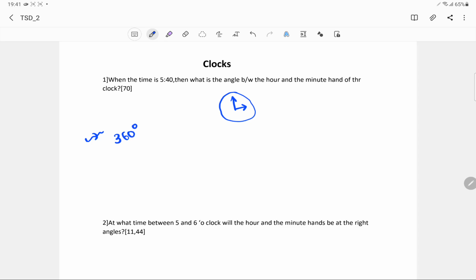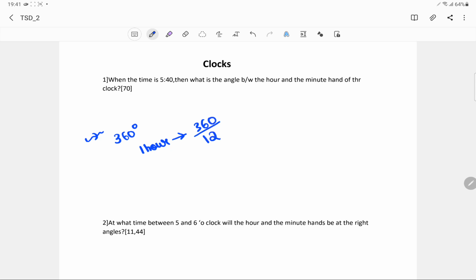And if you see, let's talk about the hour hand first. In 1 hour, what is the movement of the hour hand? That is nothing but 360 by 12.